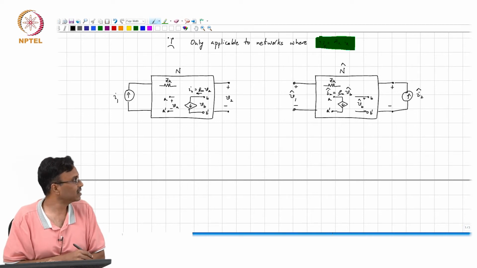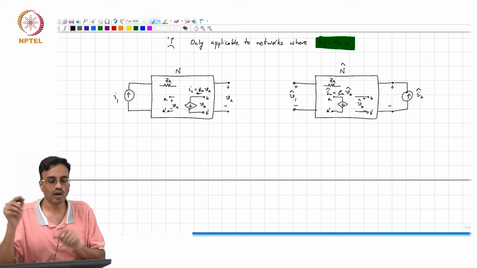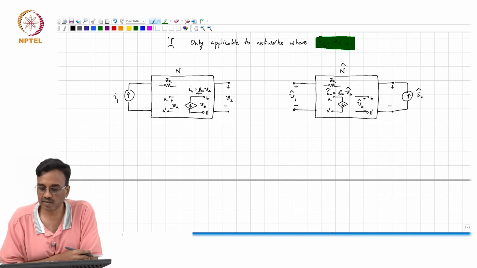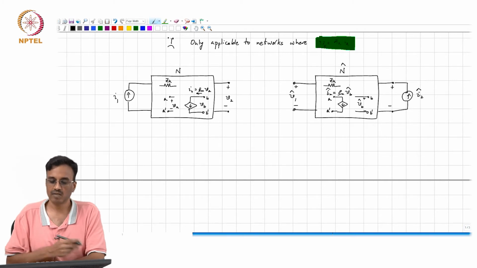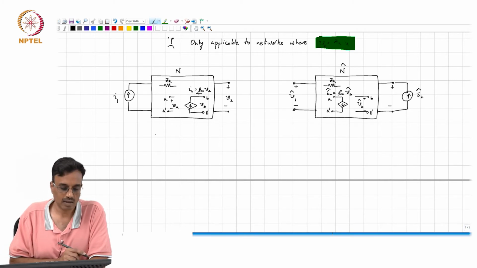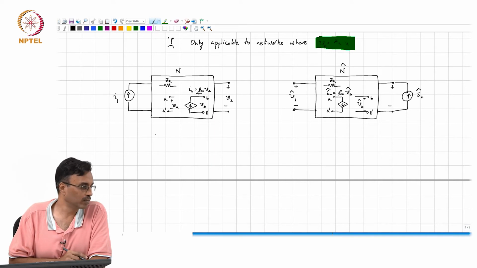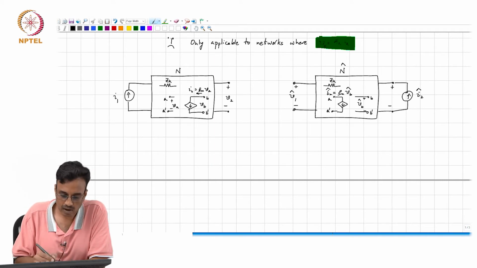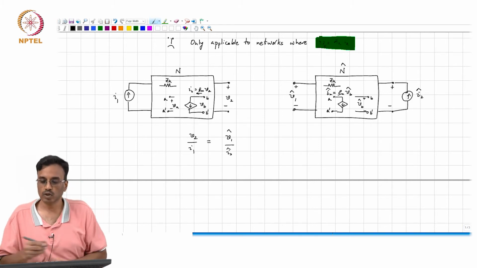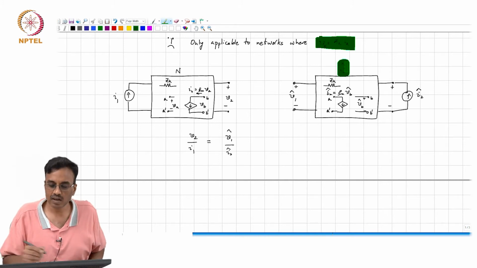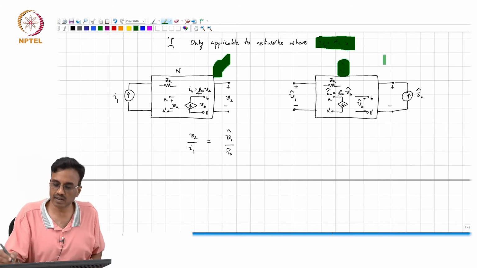If we did this, then all the terms other than the port voltages and port currents, when you write Tellegen's theorem, just simply cancel out, and we see that, like with a network with bilateral elements only, we again have V2 by I1 is V1 hat by I2 hat, right.